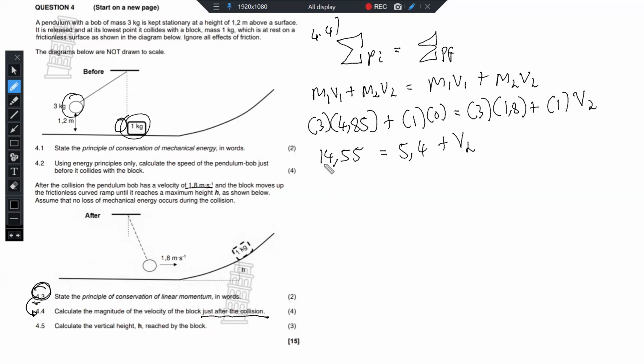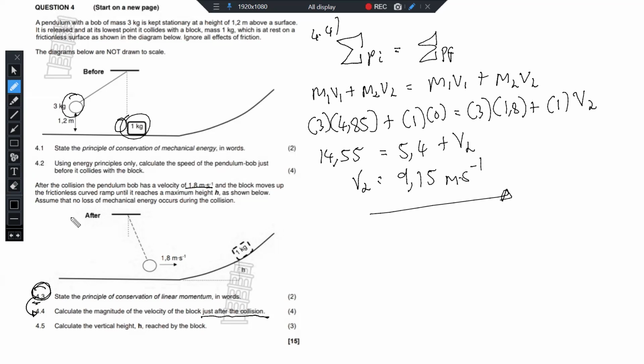Now, if we take this one and transpose it over, that's 14.55 minus 5.4. And then the velocity that we are going to have is 9.15 meters per second. Right, and that's how you were supposed to calculate that. Awesome. So that's how you could have got that 4 marks.